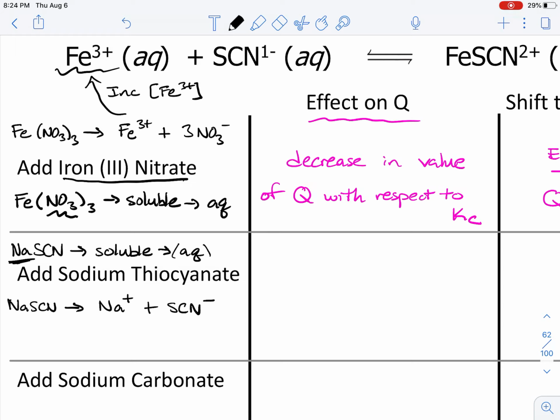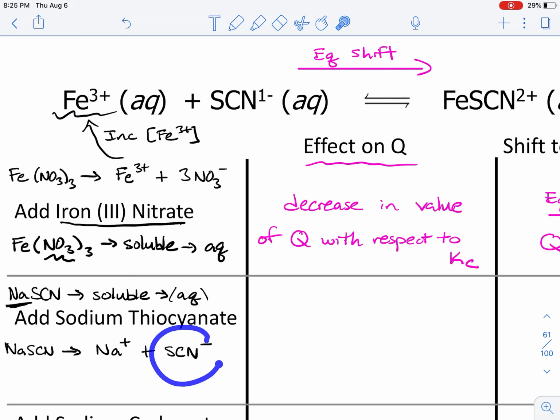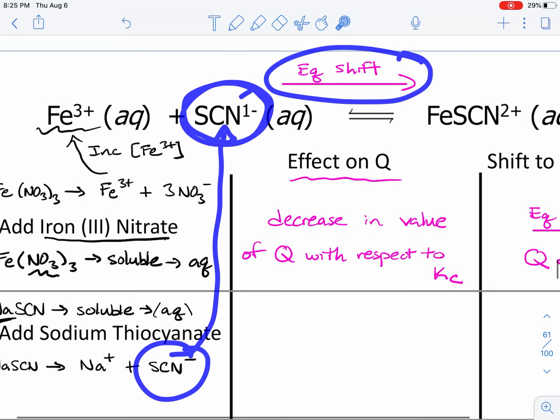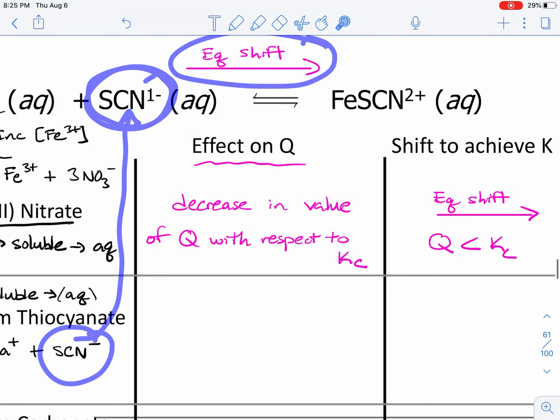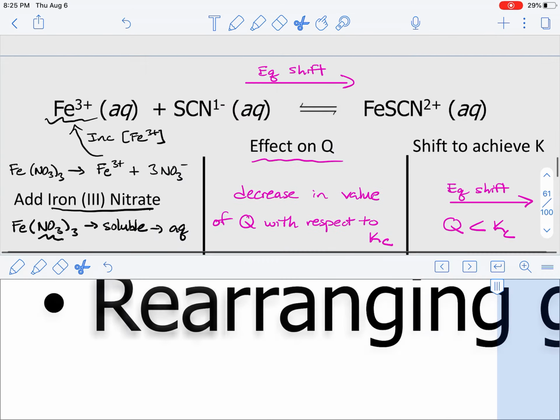And so for this example, the presence of thiocyanate in this equilibrium is once again going to increase the concentration of thiocyanate. Thus, the equilibrium is going to shift to the right. And so since it shifts to the right, the conclusion is still going to be the same.